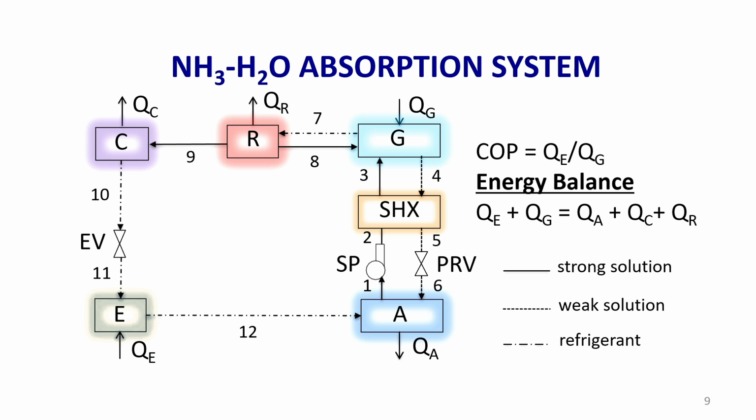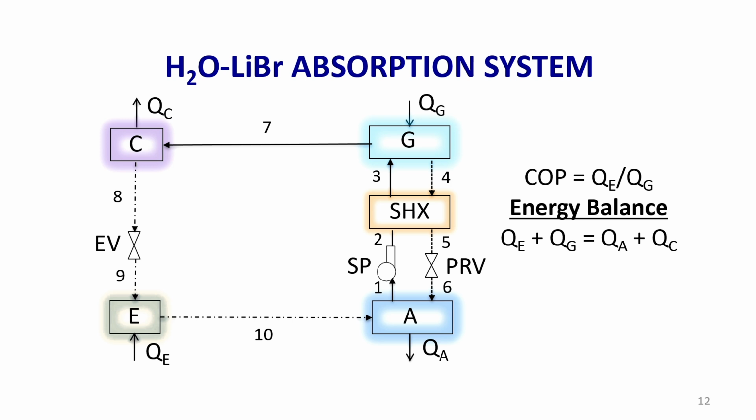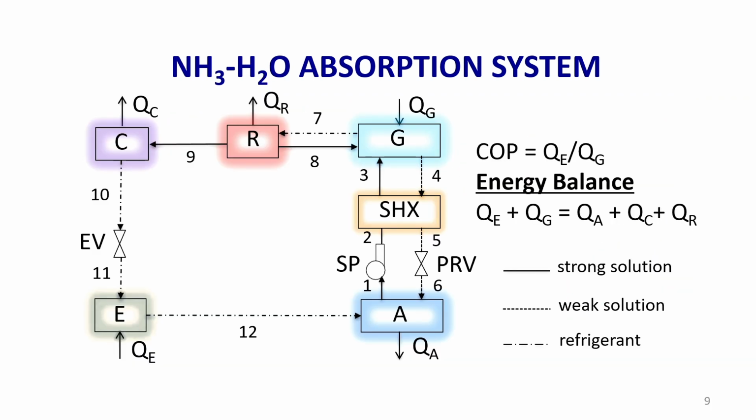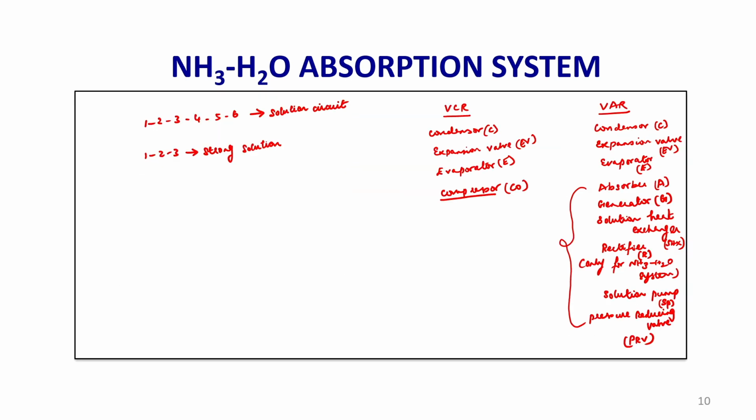So, this is the refrigerant circuit. This long line and short line, from 9, 10, 11, 12, is the refrigerant circuit. Of course, 7 is also a refrigerant circuit.